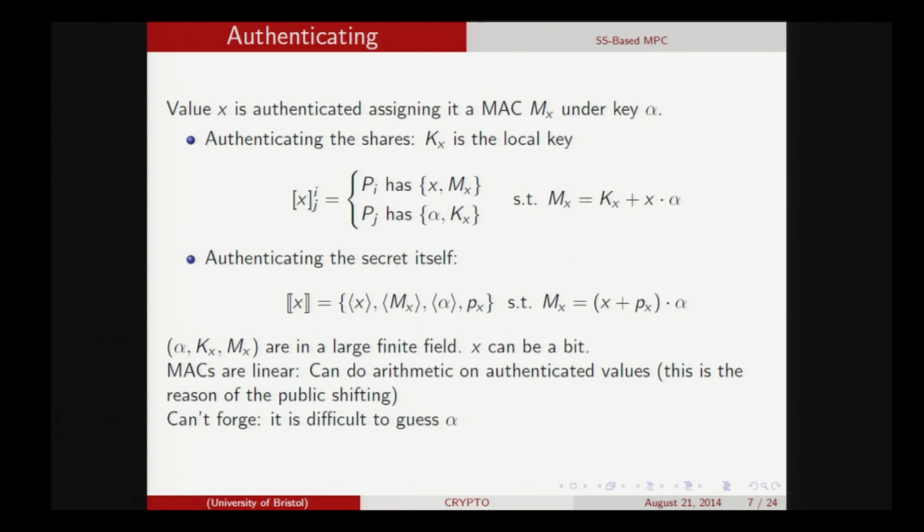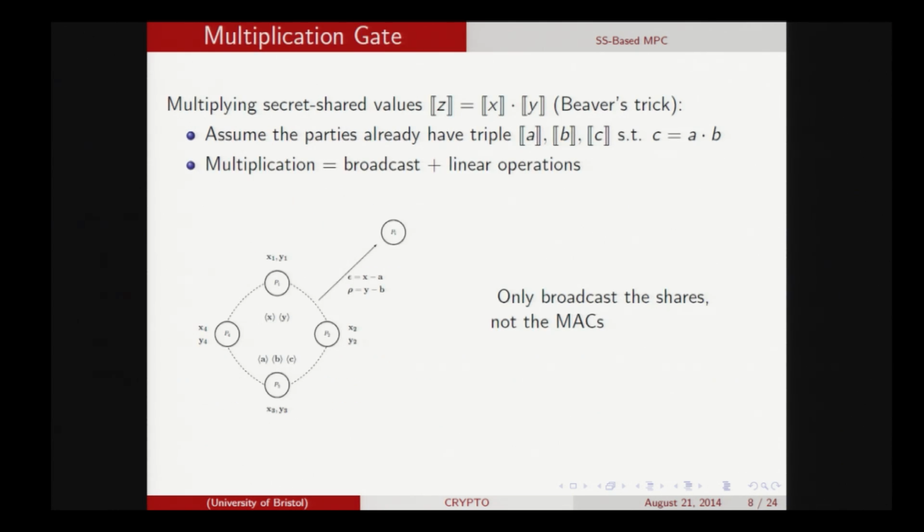You can't have a MAC that is valid for two different values, because that would mean that you also know the key for this MAC. This happens with negligible probability in the size of the field where the MACs and the keys live.